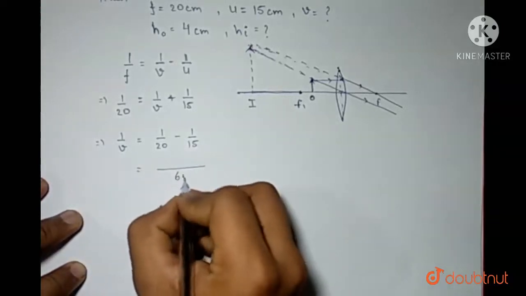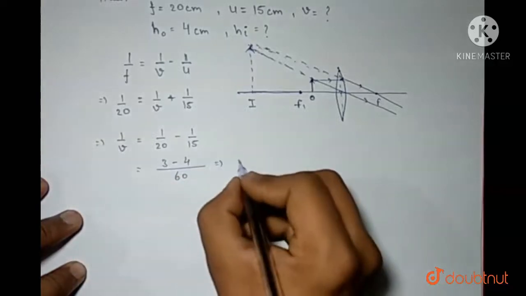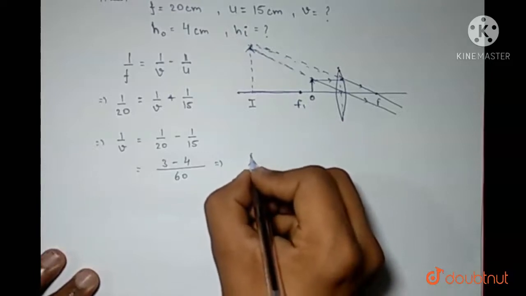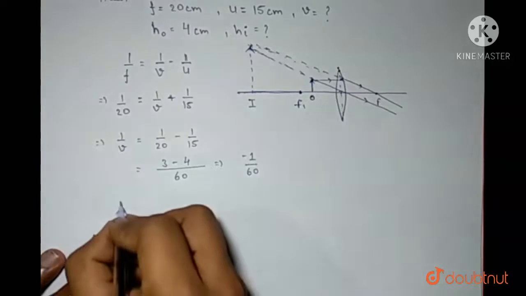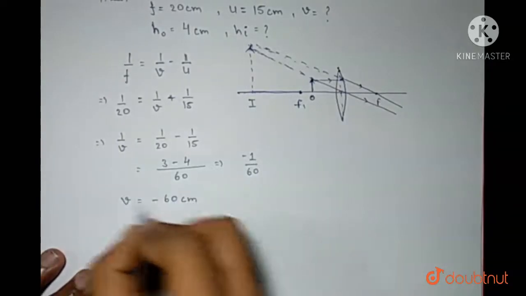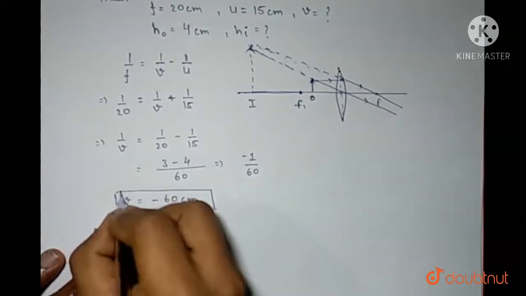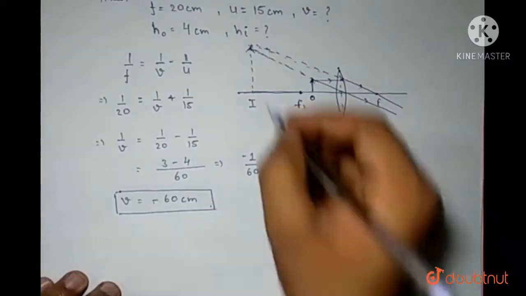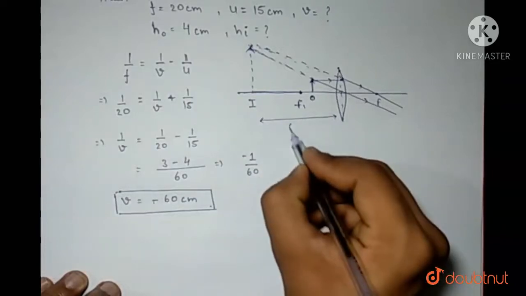Taking LCM 60, 3 minus 4, which is equal to minus 1 by 60. So the image is formed at minus 60 centimeter, and the minus sign indicates that the image is formed on the same side of the object. So this distance is 60 centimeter.